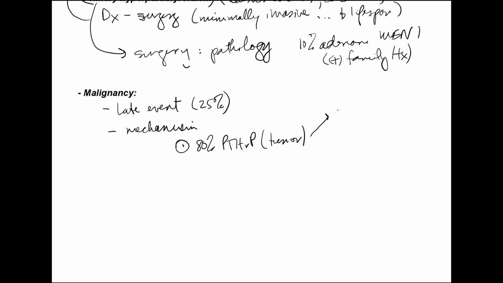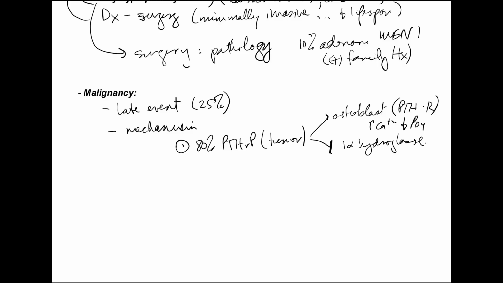This is then going to affect the osteoblast by stimulating the PTH receptor. So that will give an increase in calcium and a decrease in phosphorus. But it does not stimulate the 1-alpha hydroxylase in the proximal convoluted tubule, so there tends to be no change in vitamin D levels.